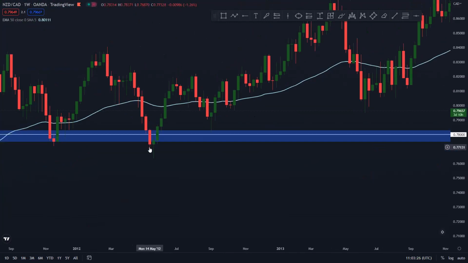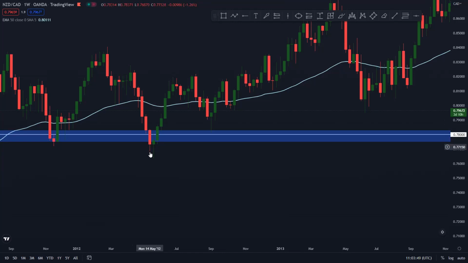We had a bearish candlestick that closed below the level. And then we had a doji, more like a weekly pin bar, followed by a bullish engulfing candlestick.